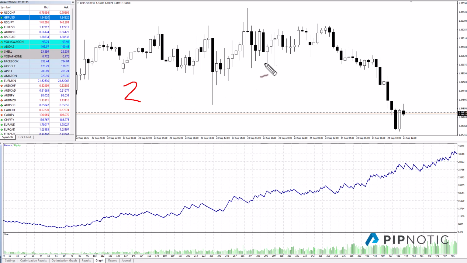We have 10. So you take 2 and divide that by 10, and that gives us 0.1% per trade.